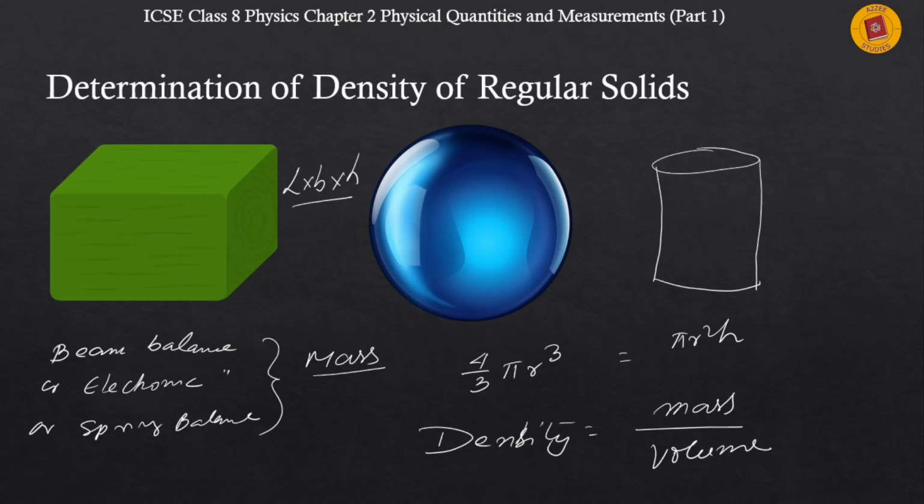So this is very easy to determine the density of a regular solid. You can also try it at home by taking any regular solid like a book. You can get length, breadth and height. A cricket ball, you can measure its diameter.